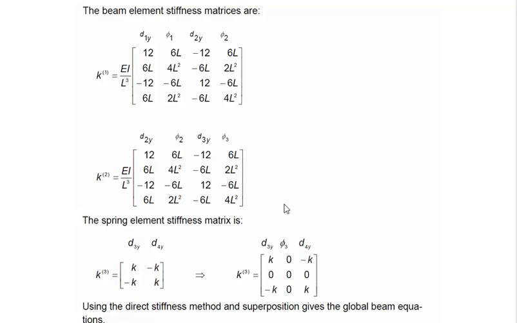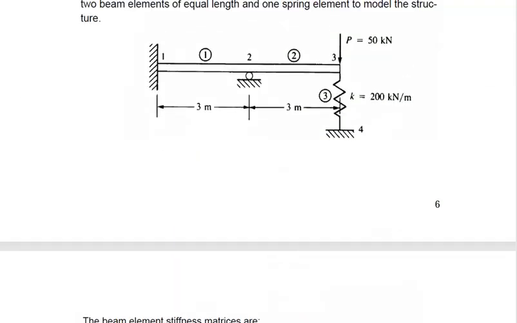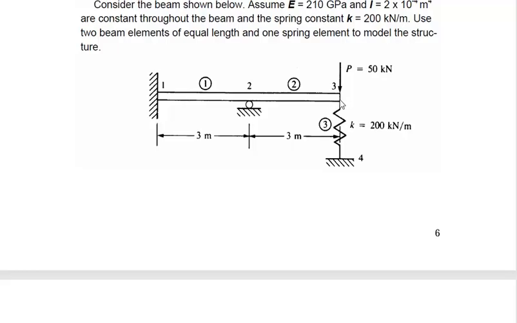At this stage, we need to make sure that the degrees of freedom are consistent, because if you look at node number 3, on node number 3, two different types of elements are meeting. On this side, we have a beam element which has displacement as well as rotation, whereas on this side we have a spring element which only has displacement.